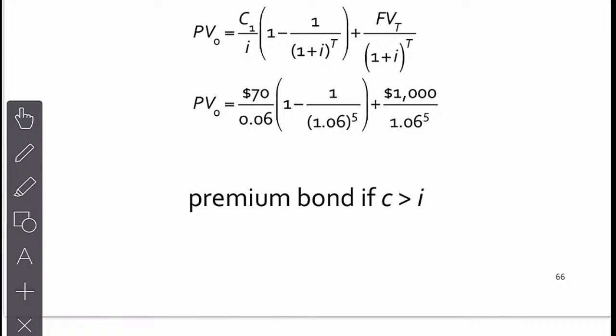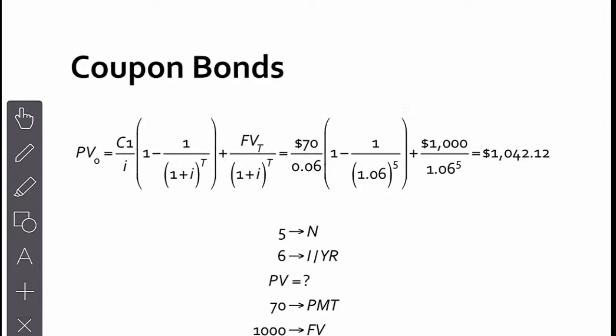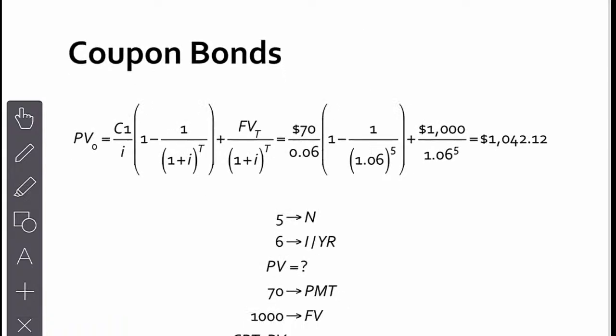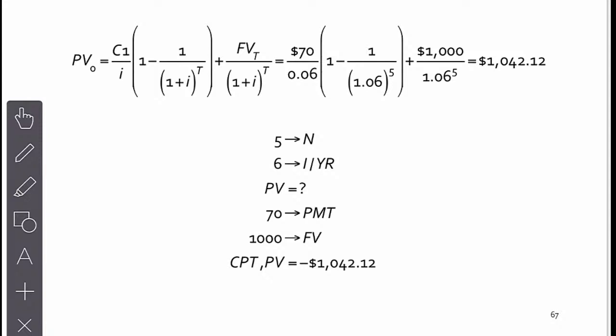We call this a premium bond because the coupon rate is higher than the yield to maturity, or the interest rate for the formula. And when I punch that in the calculator, I find exactly what I expected. It's more than $1,000.